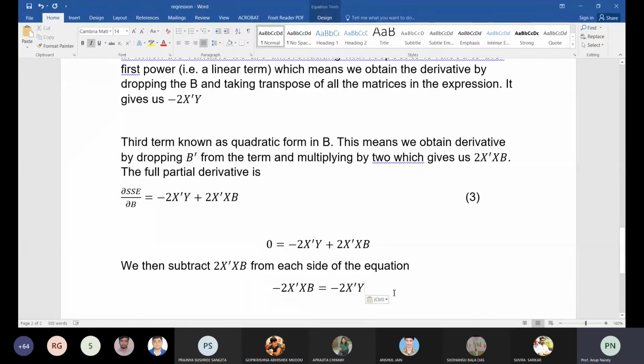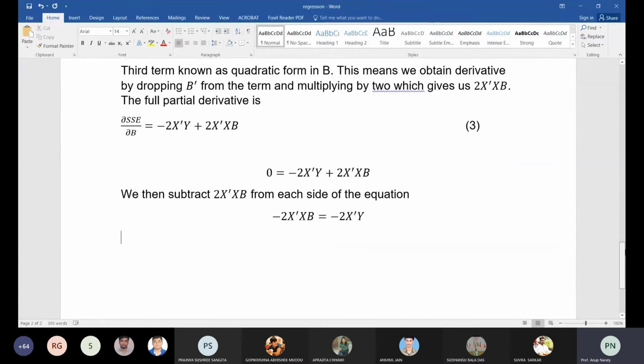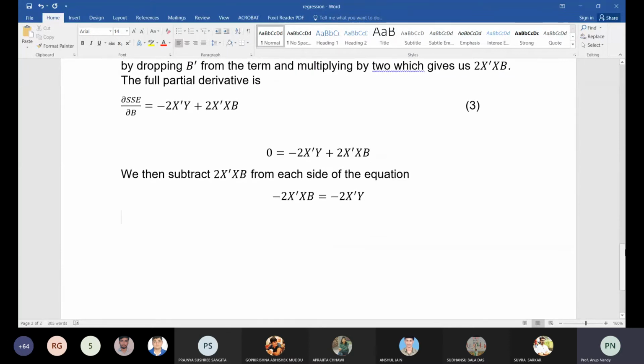Now you have to follow the same rule as in the previous equations in the last class that we have seen, where there was a -2. Then you have to eliminate -2 on each term by multiplying each side of the equation by -half. If you do this, what you are going to get?